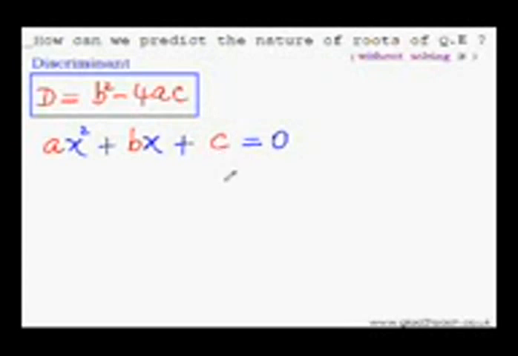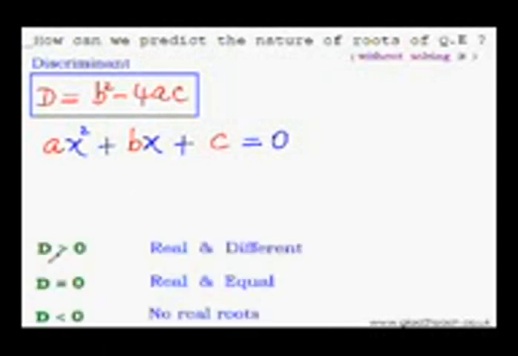So for any quadratic equation, if the value of d comes out to be greater than 0, then the roots of that equation would surely be real and different. Okay, I'll put down these conditions for you, don't worry. If the value of d for some equation is greater than 0, that is some positive number, then the roots of that equation would be real numbers and they would be different from one another.